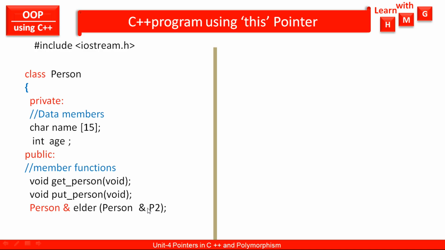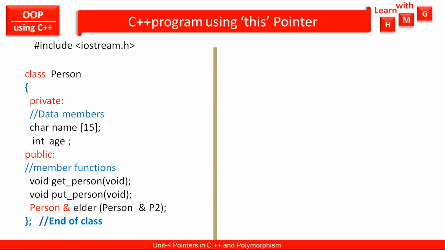You can pass this by value also. Passing object by value will not require this ampersand symbol, and passing object by reference will require this ampersand, that is the address operator. End of the class. So like this, the class is declared.